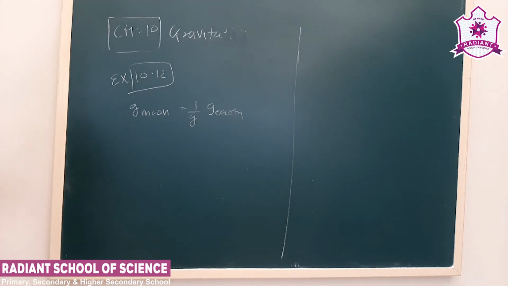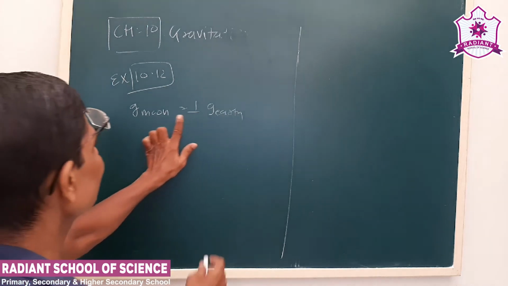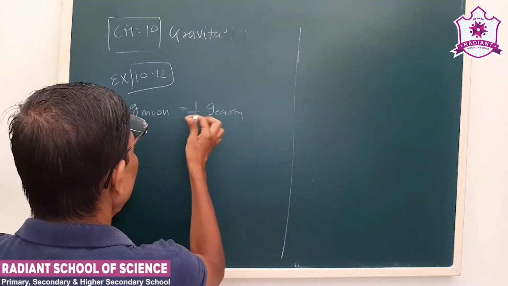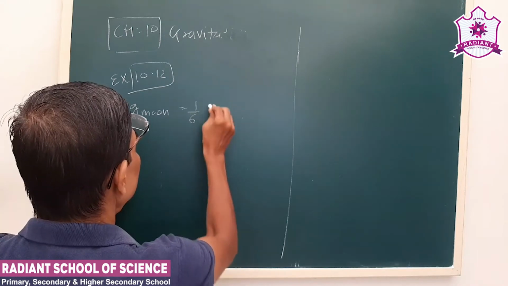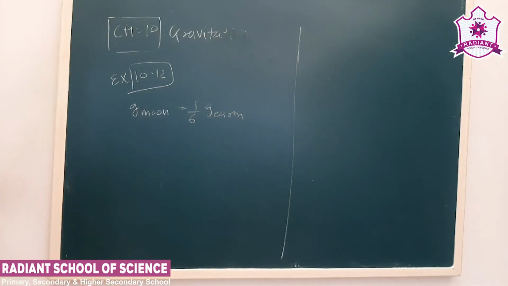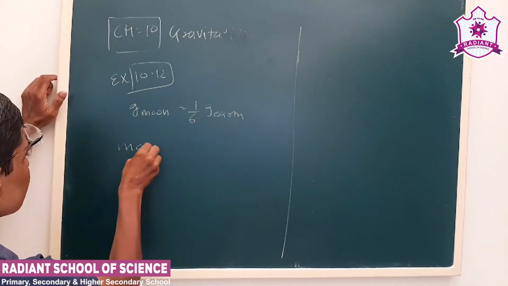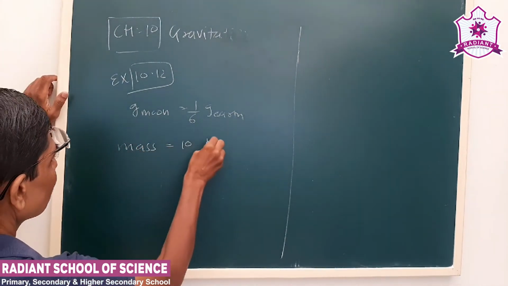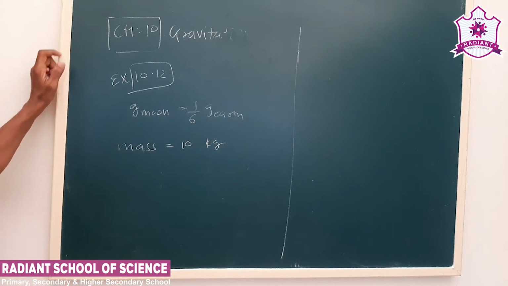Now see exercise number 10.12. The value of gravitational acceleration on the moon is 1/6 times g on the earth. The mass of the object is 10 kg. What will be the weight on the earth and the moon?